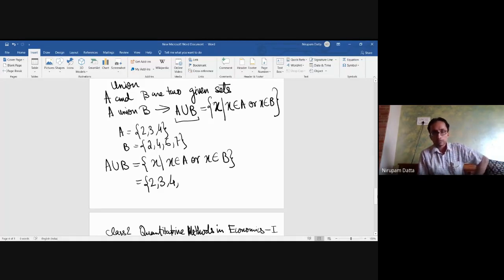Or X belongs to B. So 2 belongs to B, but 2 also belongs to A. That means it either belongs to A or it belongs to B. 3 belongs to A. 4 also belongs to B, so it also belongs to A. We will now consider those elements that are not in A but are in B. We have already written X belongs to A or X belongs to B, that means it has to be in either of these two sets. So 6, 7.